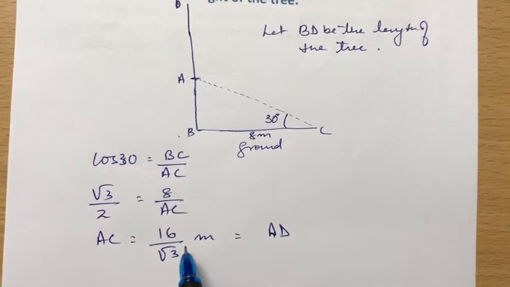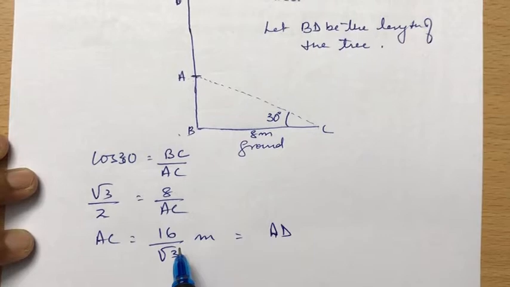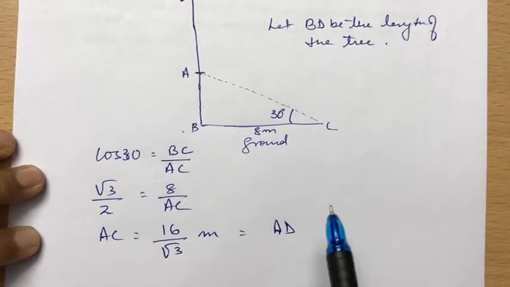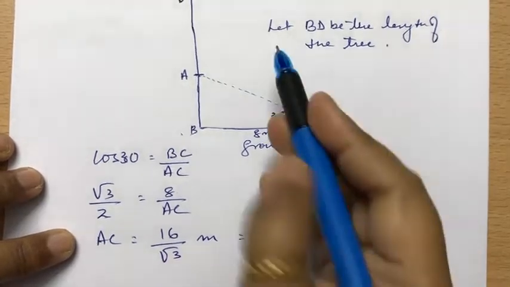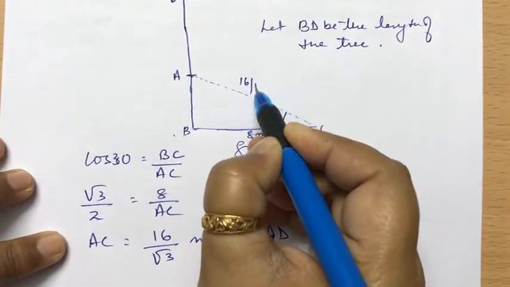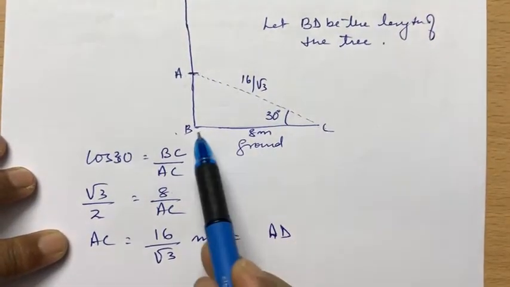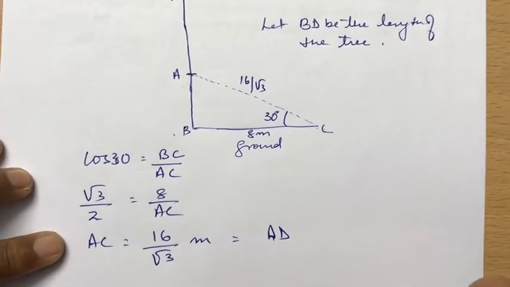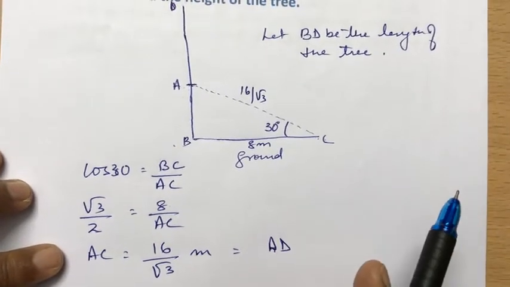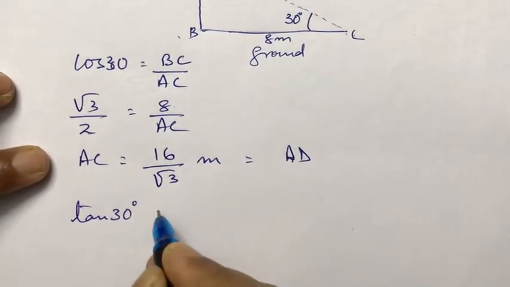Now again another thing you have. What is it? You know that AC is 16 by root 3 and you know base is 8 and you know this particular angle. So I am using this particular tan 30 degree.